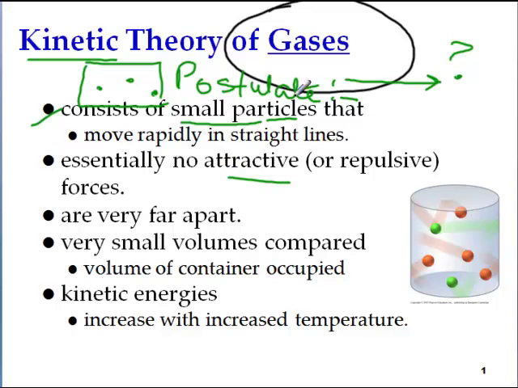That means these particles are independent of each other, so each particle would be going in its own straight line. The third thing is the particles are very far apart, which I did draw over here, so you can see that the particles are much farther apart compared to the solids and liquids, where the particles will be closer to each other and having more attractive forces.